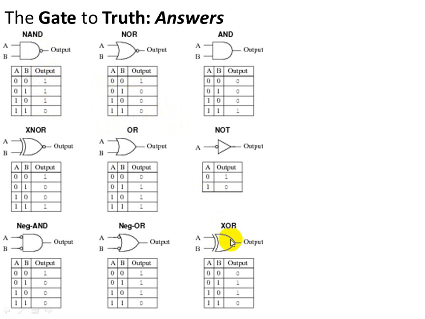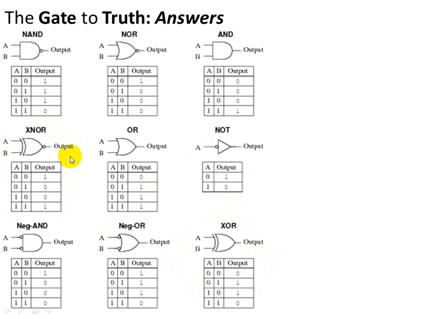It's fairly straightforward, and this is an excellent exercise. You will get at least one of these in the exam. I reckon, looking at the past exams, you're probably going to get either that one, or they'd like to throw probably NOT or NOR.